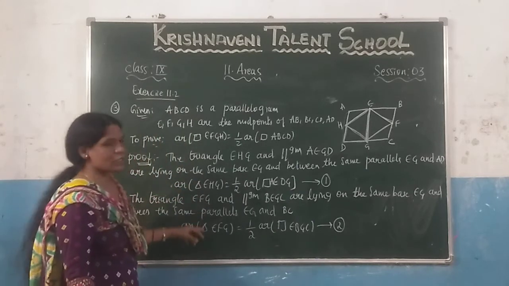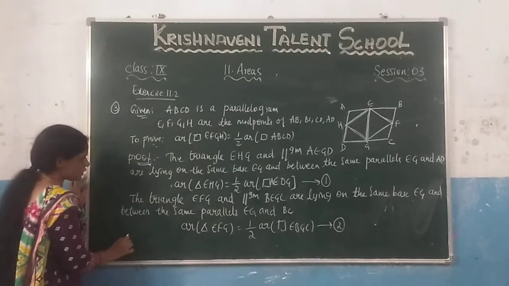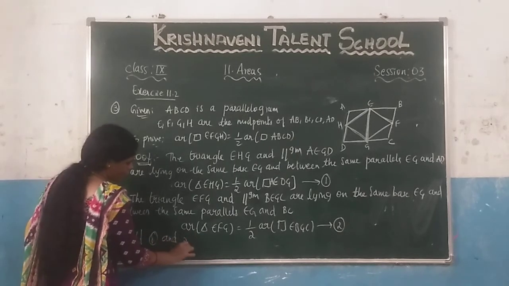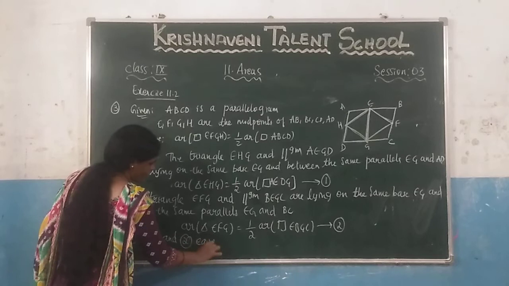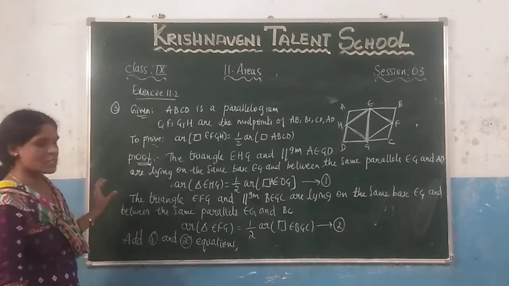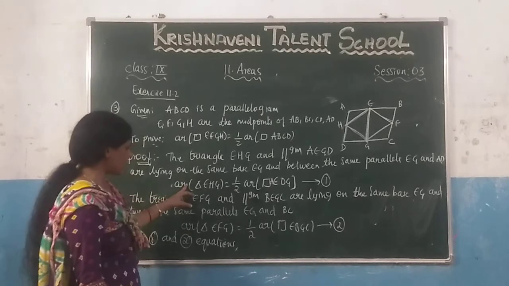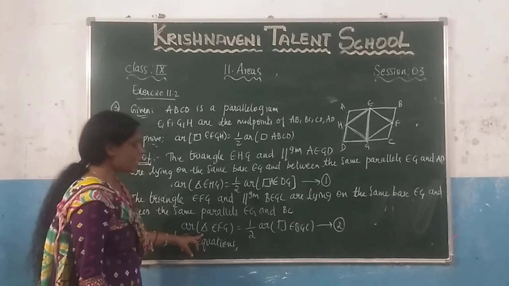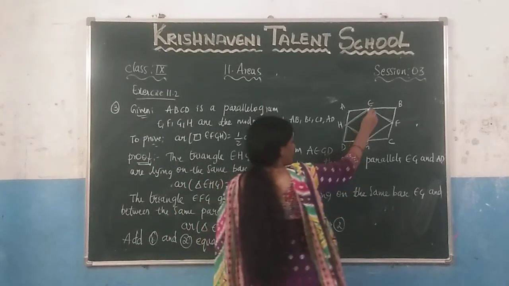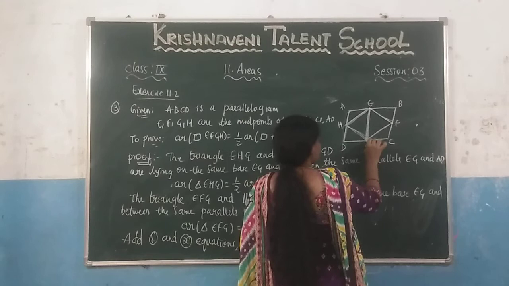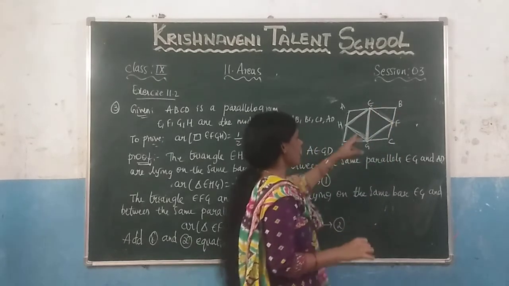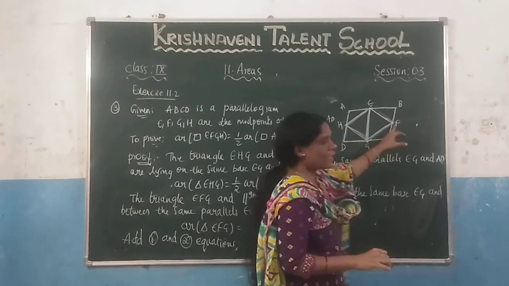Now let us add these two equations, 1 and 2. If you add equations 1 and 2, what will you get? Area of the triangle EFG plus area of the triangle EHG. If you add this triangle and this triangle, you will get this area, area of EFGH.